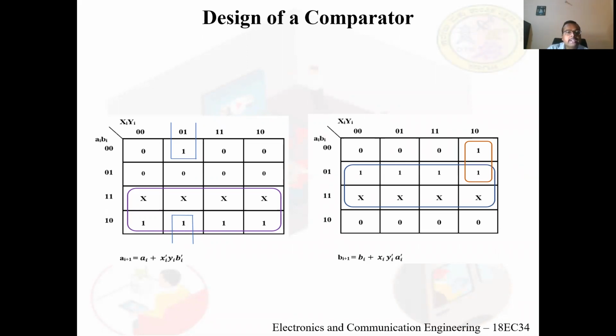Similarly, looking at the transition table, write the next state equation for bi plus 1, substitute the values in the K-map, and simplify.